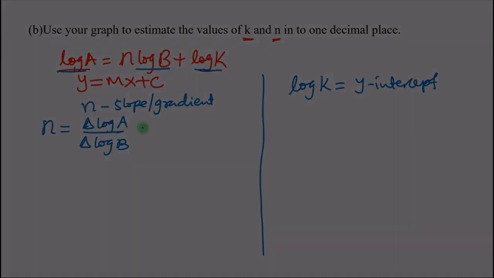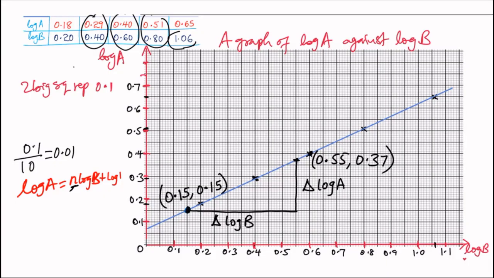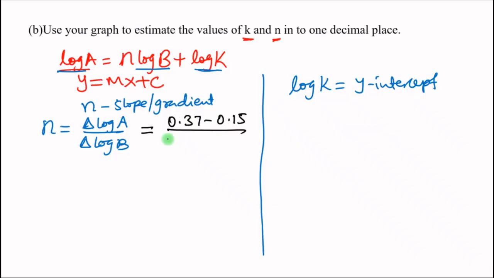That is, this now will be 0.37 minus 0.15 all over 0.55 minus 0.15.